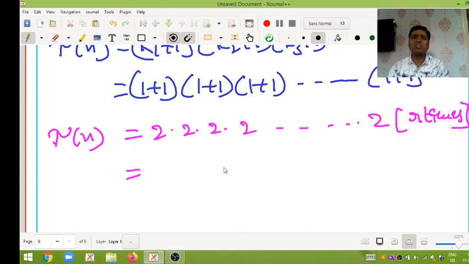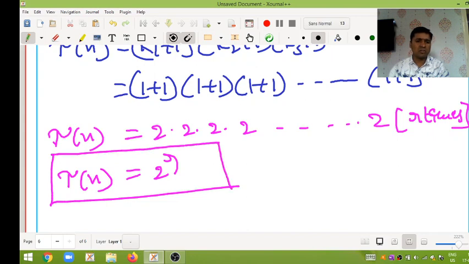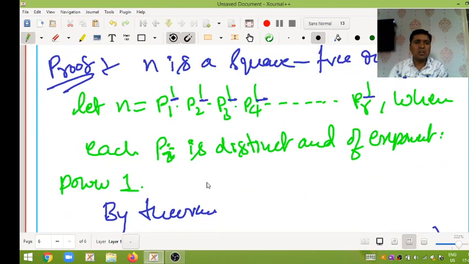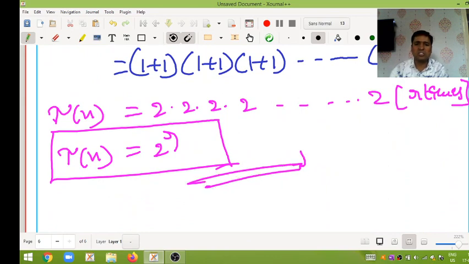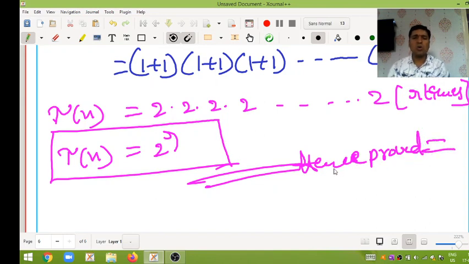So here r times means 2 power r. So that's why, my dear students, tau of n is equal to 2 power r, where r is the number of prime divisors of the given integer. So hence proved.